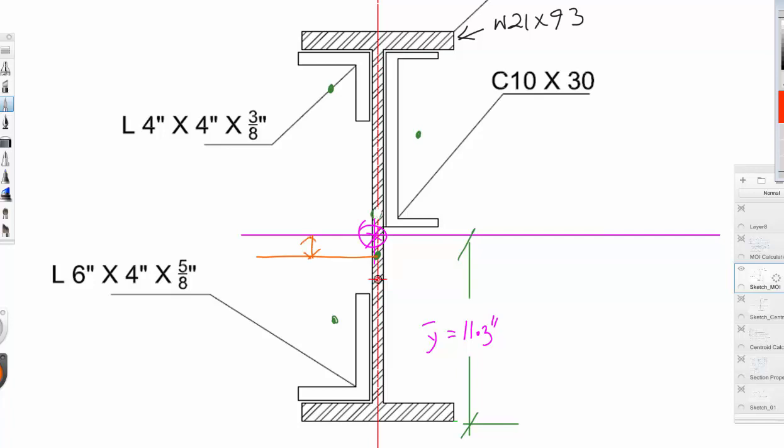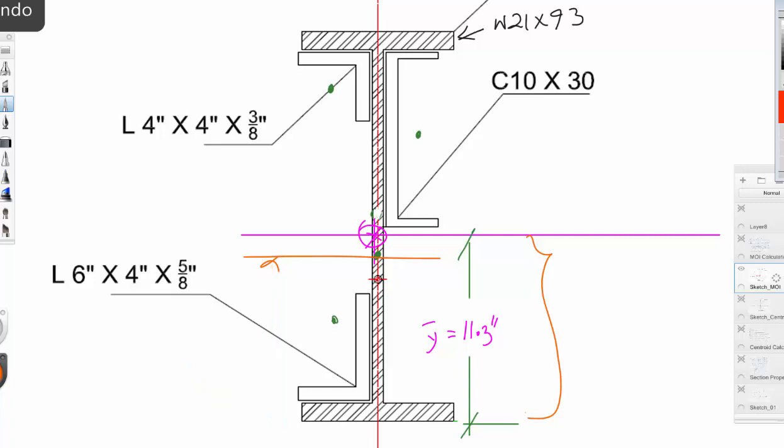So to calculate this, we need to have 11.3, this distance, minus this distance, which is d by 2. That is the calculation that I followed.